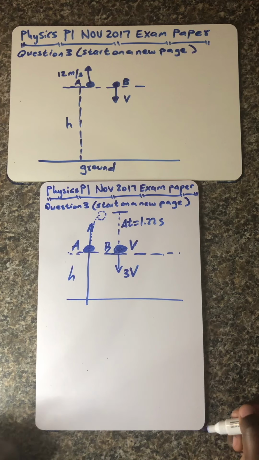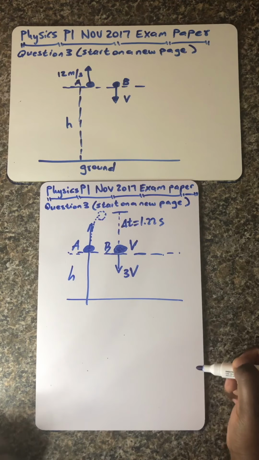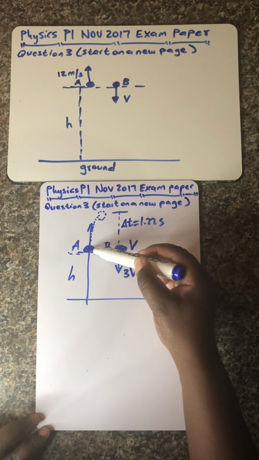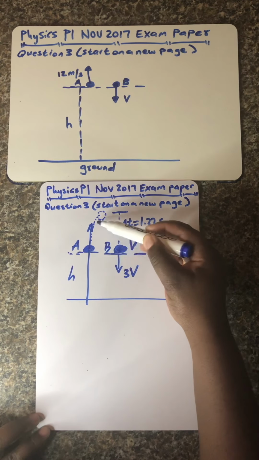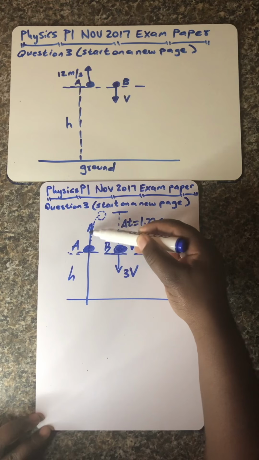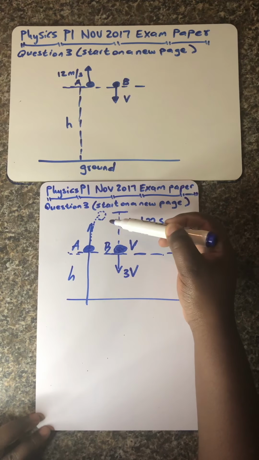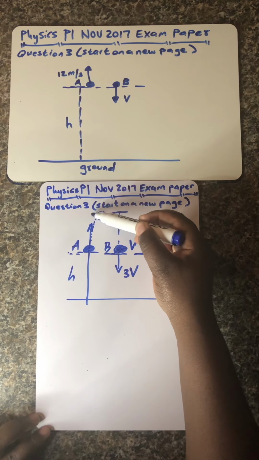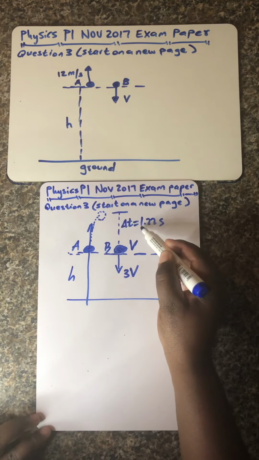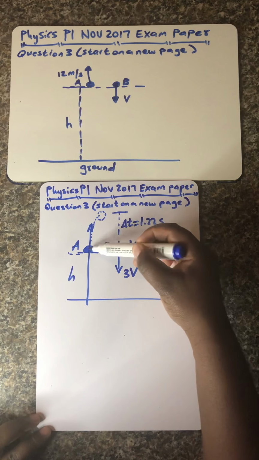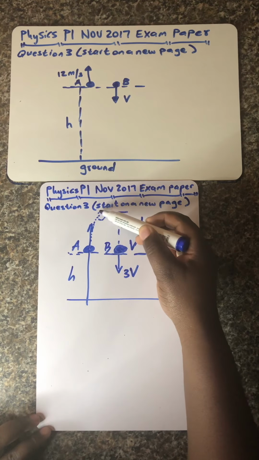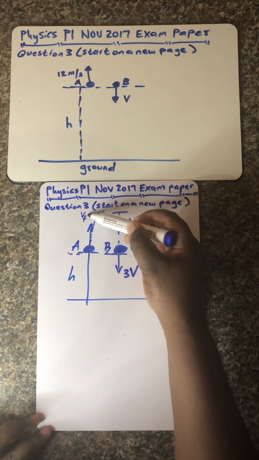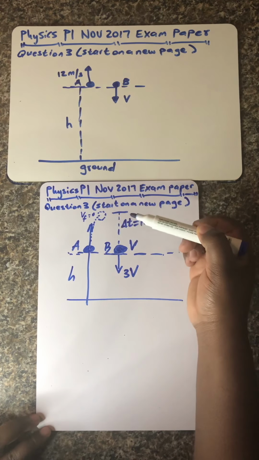I'll just quickly try to re-explain that scenario. So remember, this object A is being projected vertically upwards, so that means it's going to go up and reach a certain height, and its velocity there will be 0. So it takes 1.22 seconds for this object to reach its maximum height, where its v final is equal to 0 meters per second.